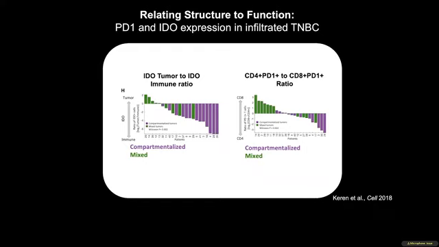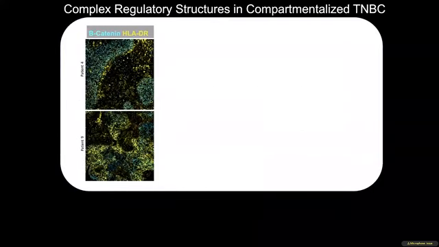So that means in compartmentalized tumors, where PD-L1 expression was found more frequently in immune cells, that was accompanied by an excess of CD4 PD-1s. And in mixed tumors, where PD-L1 expression was more often on tumor, that was accompanied by an excess of PD-1 on CD8 T cells.